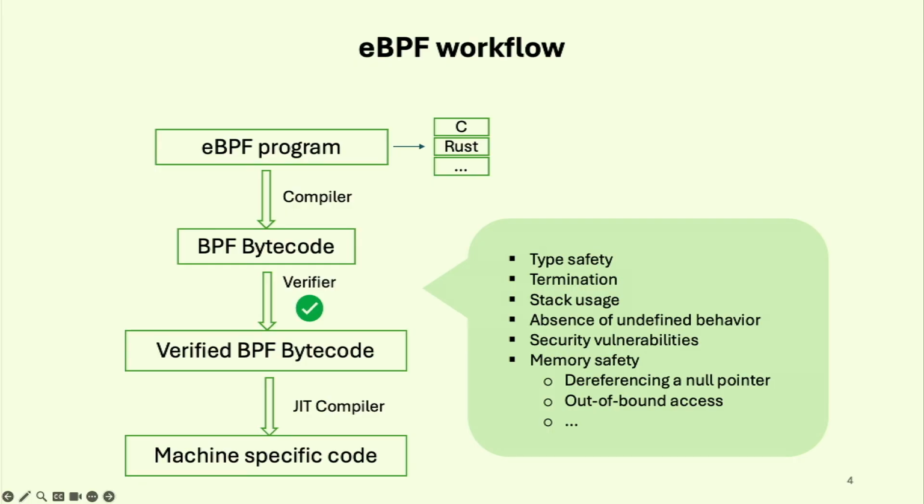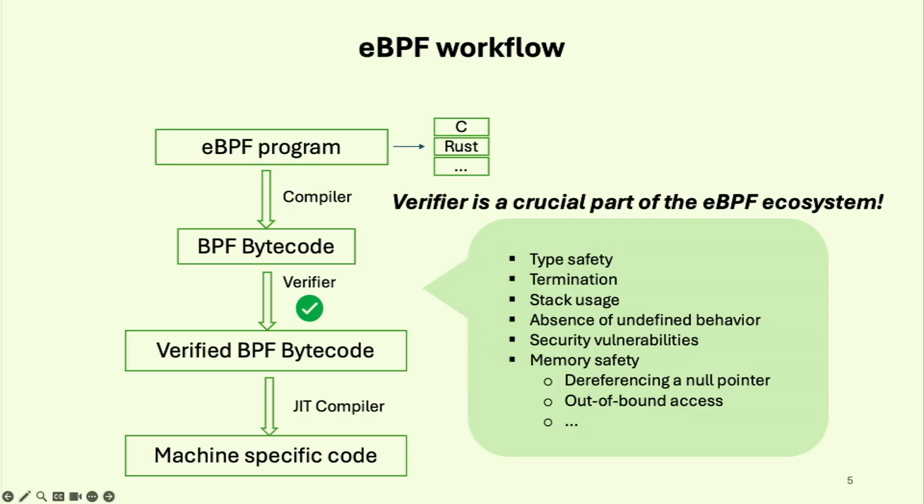Once the verifier confirms that the BPF bytecode is safe to load in the kernel, this verified BPF bytecode is JIT compiled to produce the machine specific code. Now, as we see, the verifier plays a crucial role in this whole eBPF ecosystem.